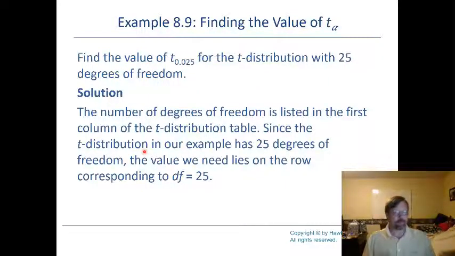So let's look at an example. If we want to find the t value, t sub alpha, t of 0.025 for a t distribution with 25 degrees of freedom, 25 degrees of freedom is the first column. We want to find the 0.025 in the one-tailed row and find where those intersect.